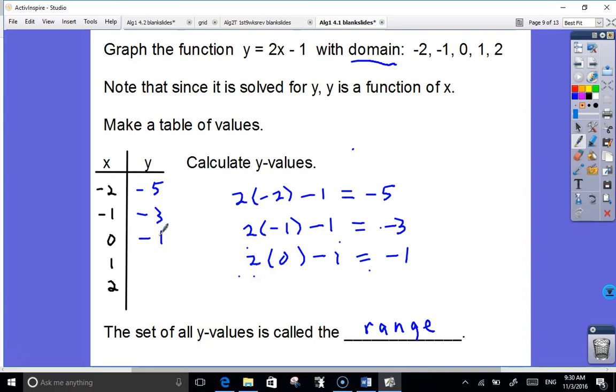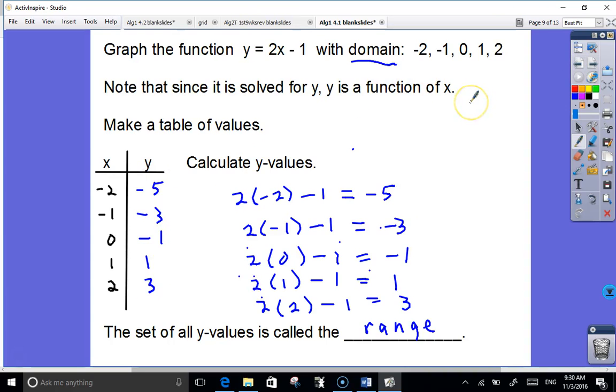How are these y values changing? You keep adding 2, okay? There's a reason for that. Okay, 2 times 1 minus 1 is 1, and 2 times 2 minus 1 is 3. So 1 and 3. So they gave us the x values, we calculated the y values. The set of all those y values is the range.